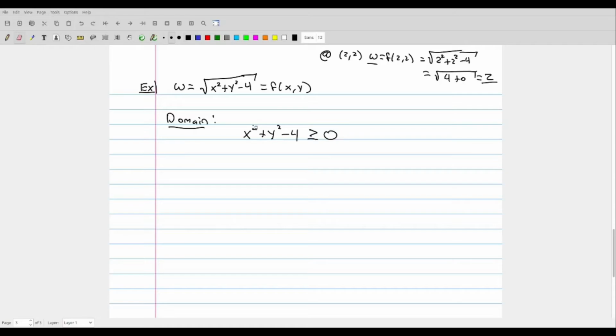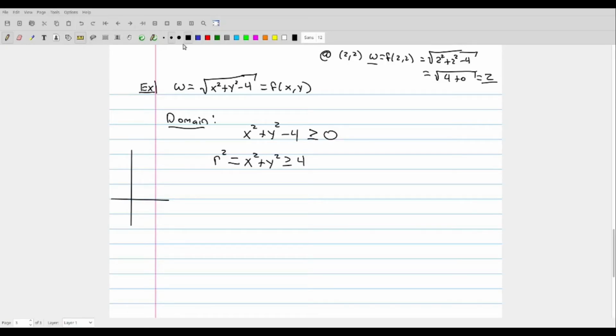So we conclude that the natural domain of this function is all points where x squared plus y squared minus 4 is greater than or equal to 0. That means x squared plus y squared is greater than or equal to 4, if you add 4 to both sides. Remember that x squared plus y squared is the same thing as r squared, where r is the radius, the distance from the origin.